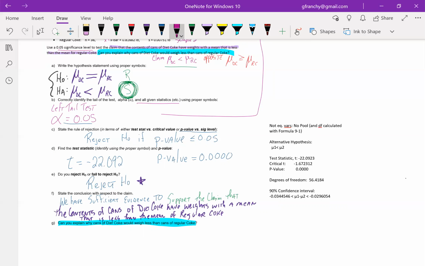So if we were to give an explanation, since it doesn't make sense that they would fill these to different volumes, it doesn't make sense that they would use different cans, if it comes down to strictly the ingredients, that would be our explanation.